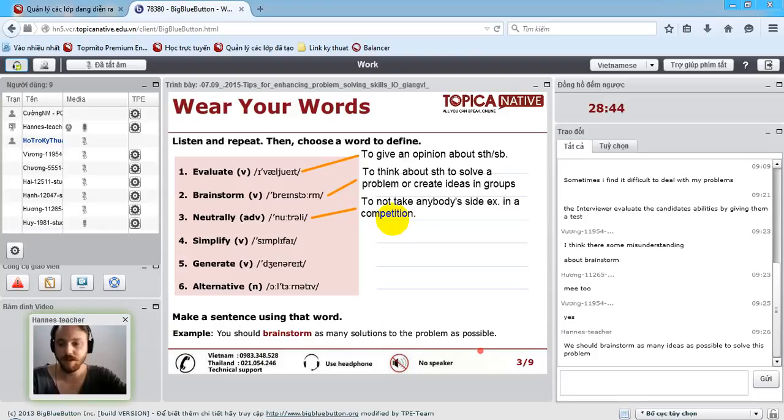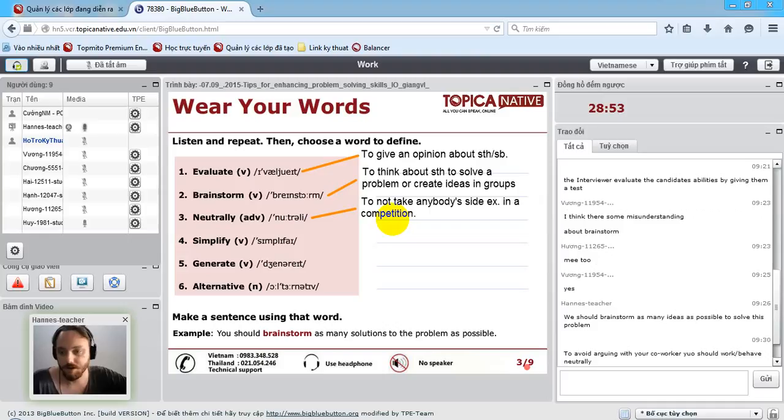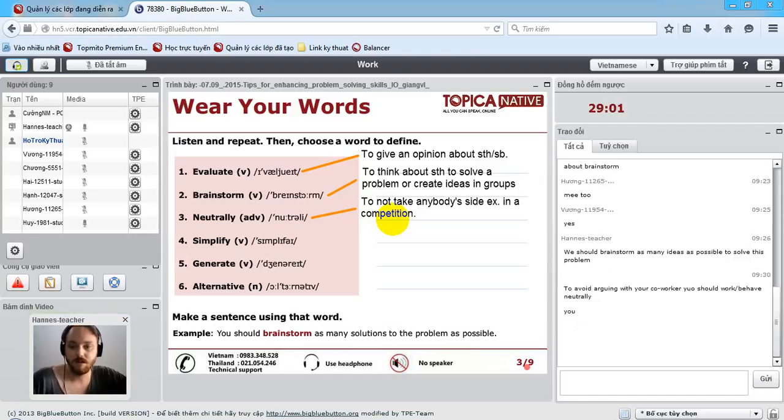So I'm going to put just an example here. So to avoid arguing with your coworker, you should work or behave neutrally, for example. Does that make sense to you? So we put a subject in there so we know what we are doing. Does it make sense to you? Okay, good. But just ask me if there's any questions. Just let me know, okay? I don't mean to confuse anyone.